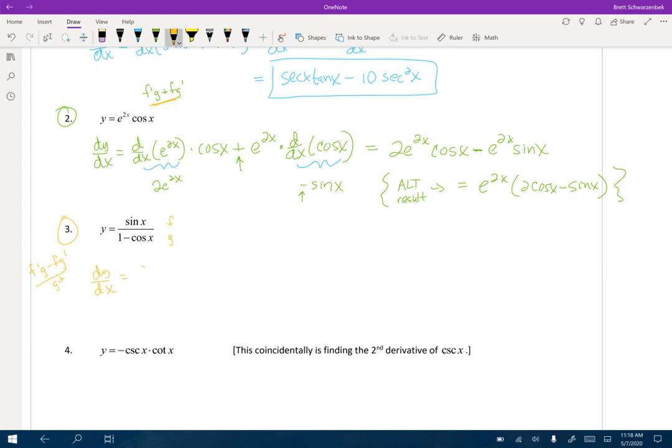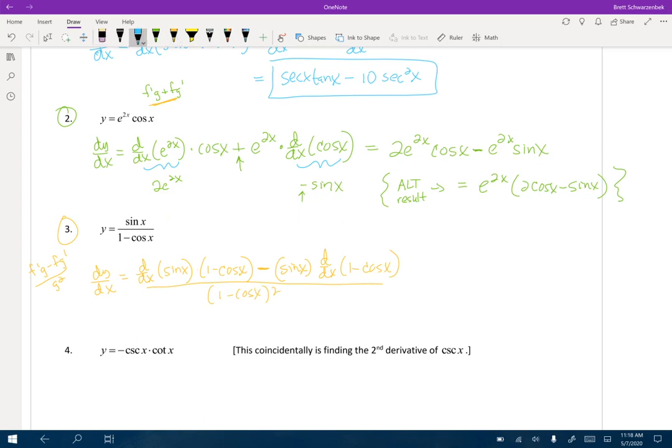So the derivative of sine x times our 1 minus cosine x. Remember subtraction for the quotient rule. Then we rewrite our f and then the derivative of 1 minus cosine. And this will be all over our denominator squared. Okay, we can do a little bit of shortcut work here.